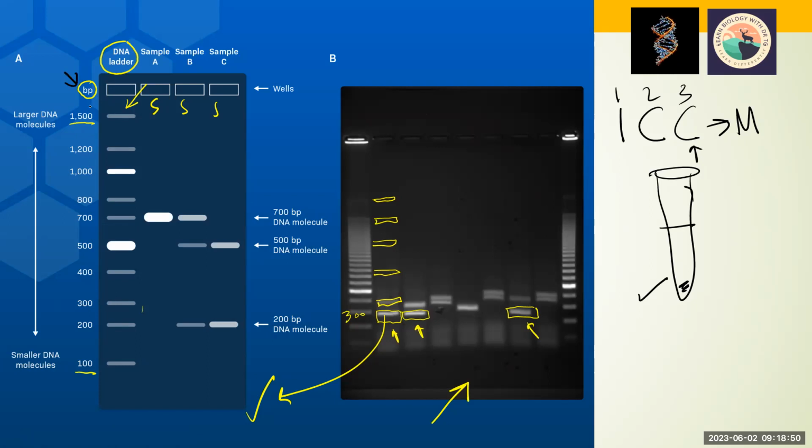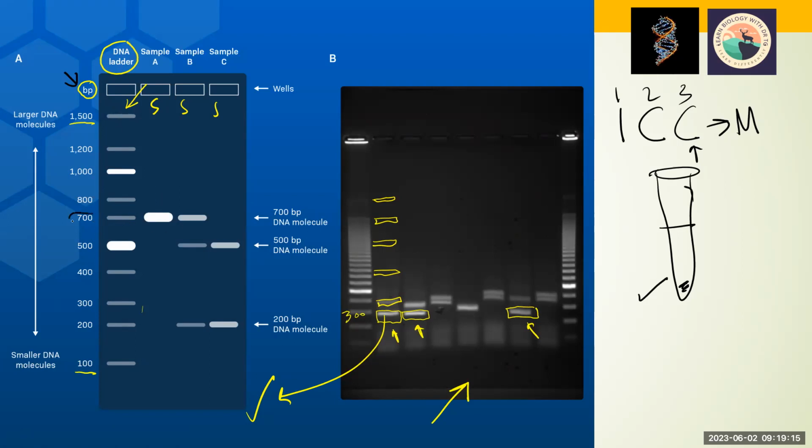Commercially available DNA markers are also called a DNA ladder or reference band. We run this together with our samples. As a result, we can roughly estimate my gene's size as, let's say, 700 base pairs.